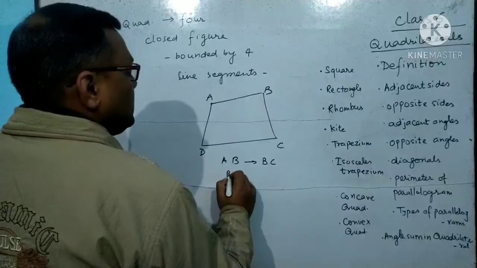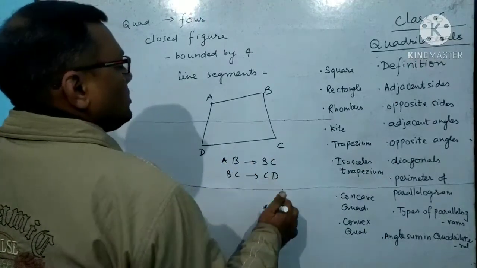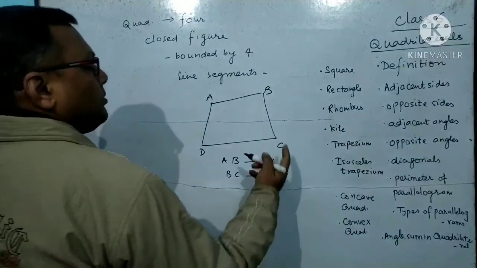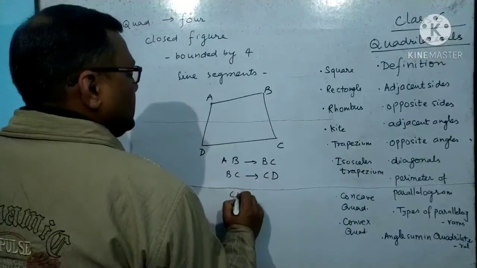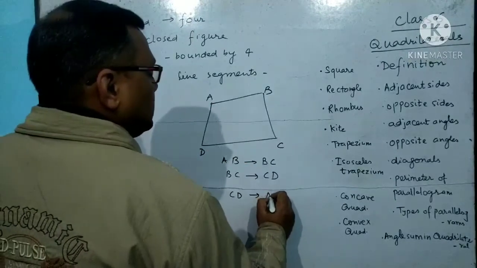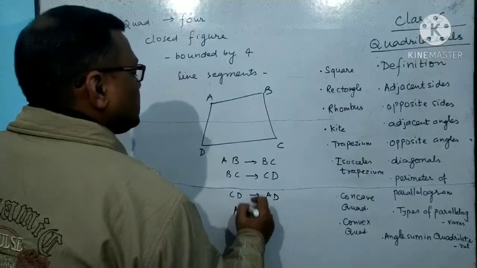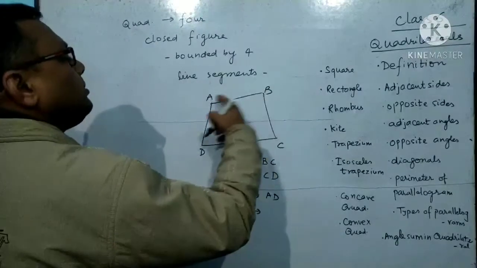We take a side BC, then its adjacent is CD. Or we take the side CD, then its adjacent side is DA. We take a side AD, then its adjacent side is AB.